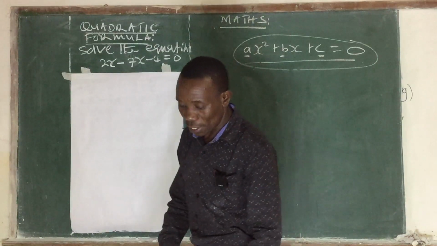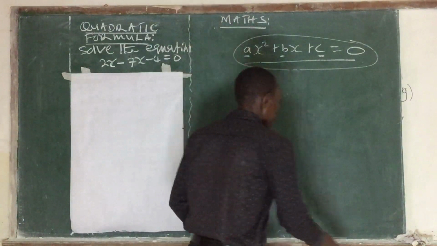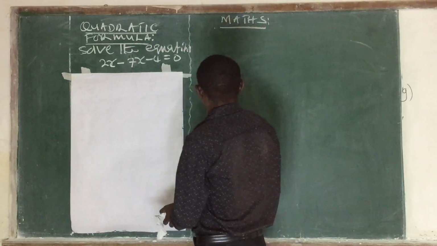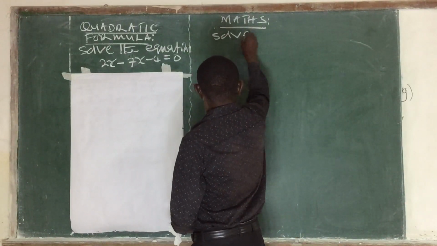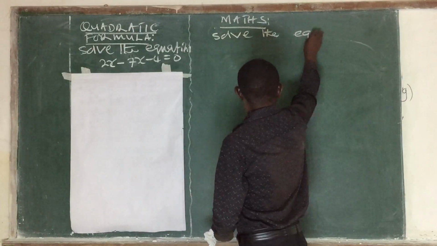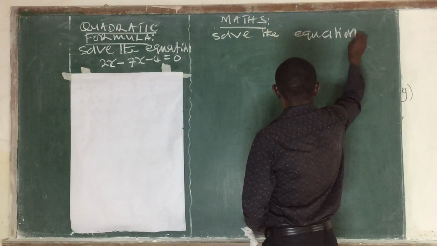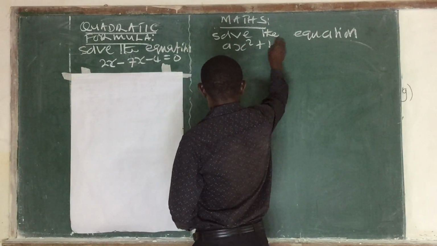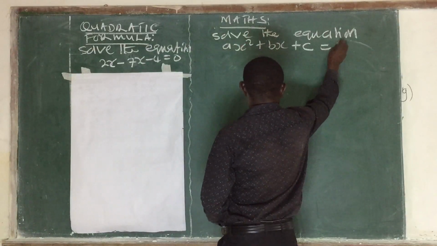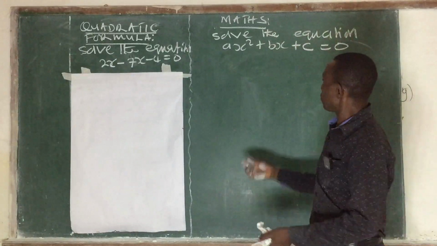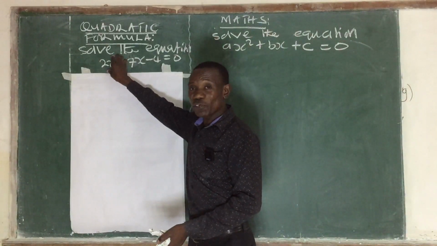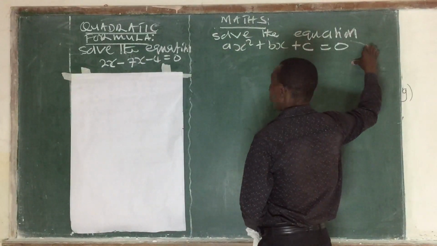While on the other side, it would be like solving the equation ax squared plus bx plus c is equal to 0. So we'll be having two equations here: the direct one, which is an example of the general form.